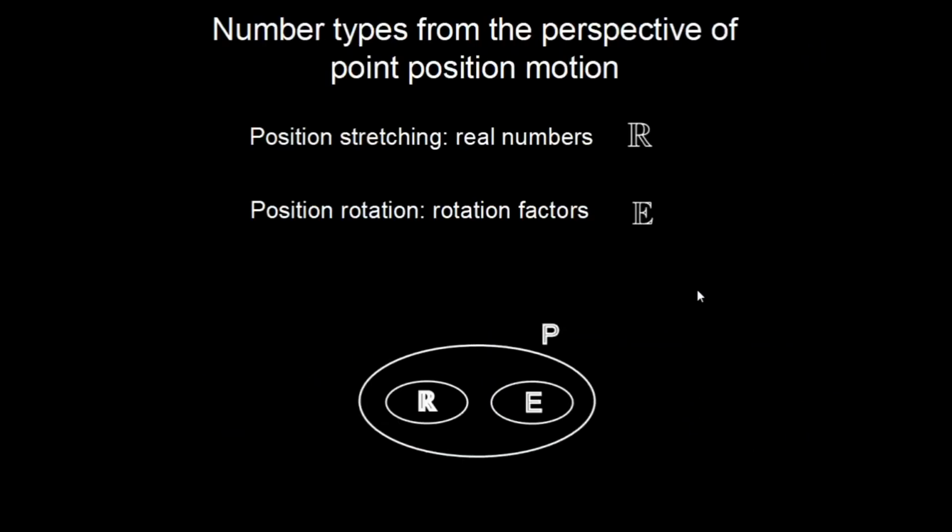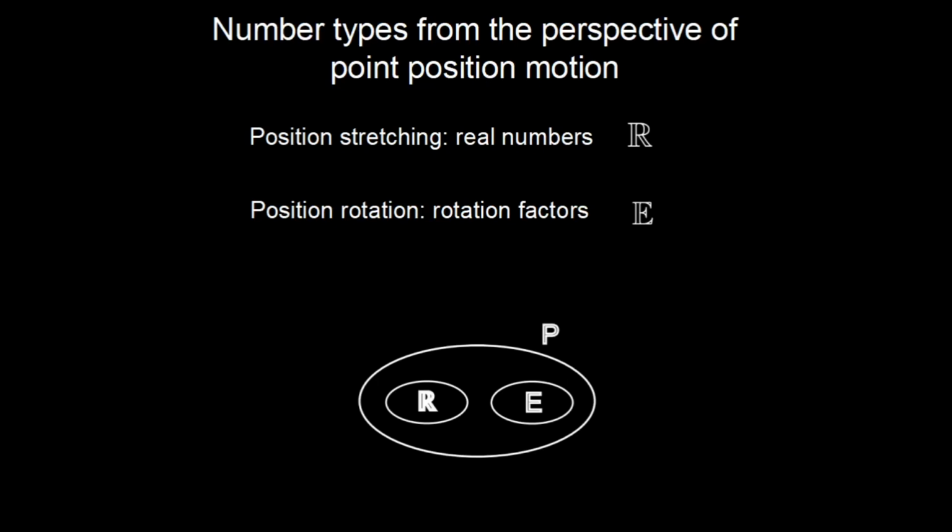From the perspective of describing motion of points in a plane, numbers may be classified into two types, real numbers and rotation factors. Position stretching is realized by a member in the real number set R. Multiplying a real number to a position number or position vector stretches the target's magnitude without changing the target's direction or orientation.